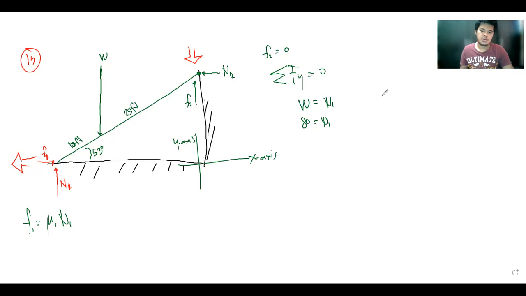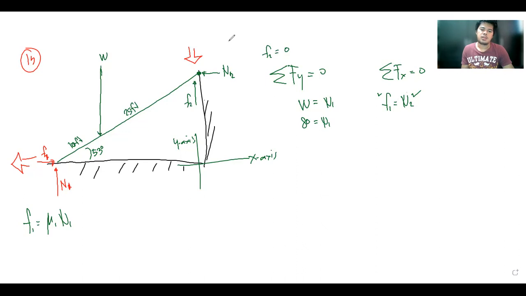So we have already the value for N1. And then if we do summation of forces along x, that would be 0. So we have here F1 equal to N2. N2 is unknown, F1 is also unknown, so we cannot make use of this equation because N2 is also unknown.